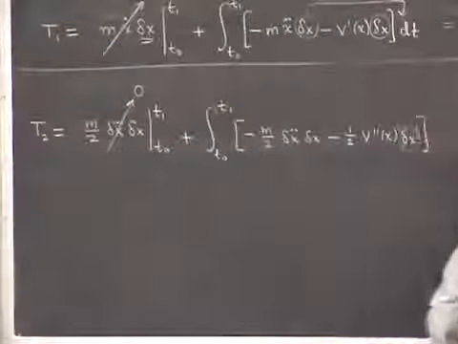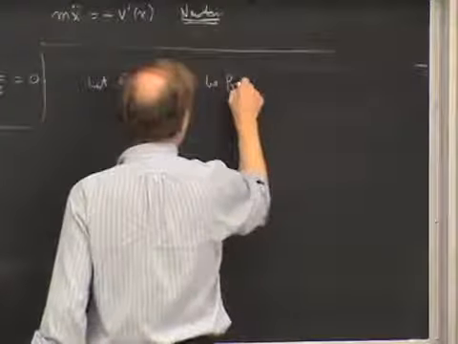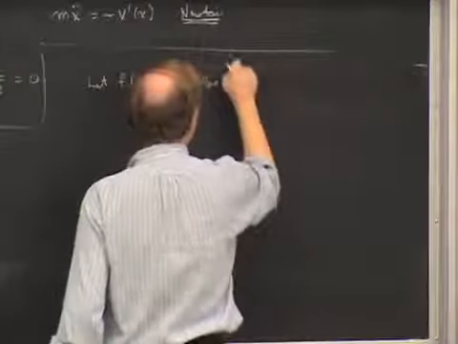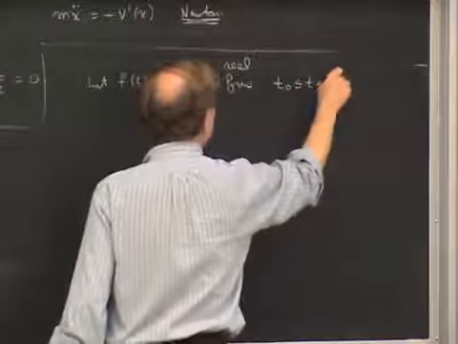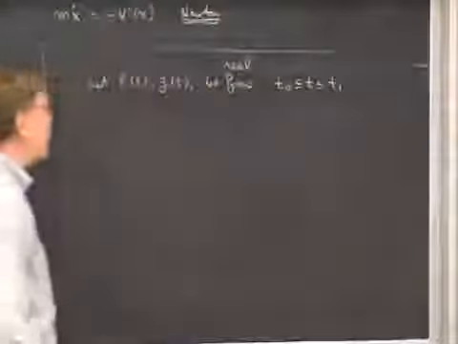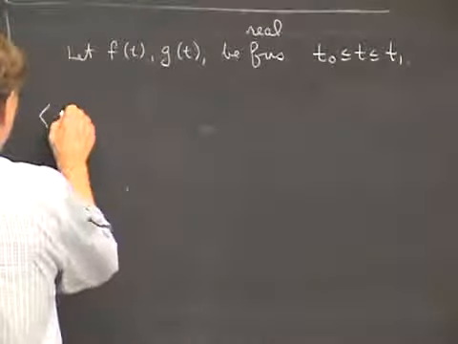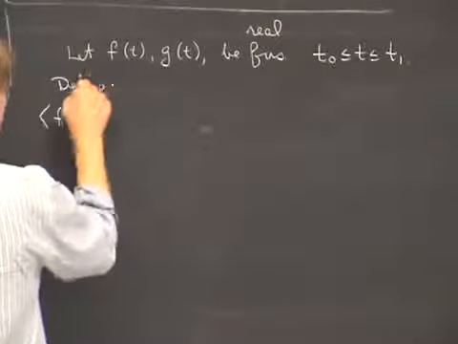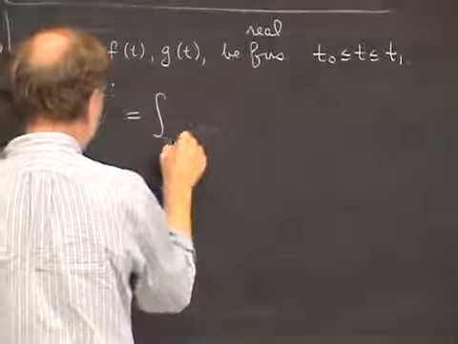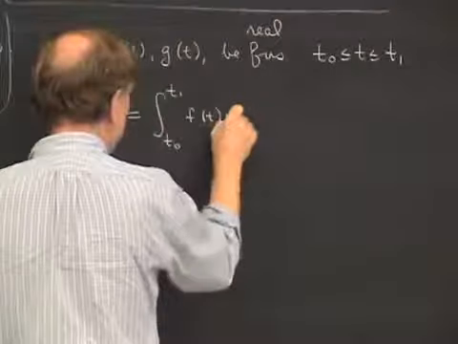Now, here's some convenient notation. Let f(t), g(t), etc. be just ordinary functions. In fact, let's make them real functions, defined on the interval t0 less than or equal to t less than or equal to t1. It's the time interval of this classical problem. And let's define a scalar product, for which I'll use Dirac notation, of these functions, to be equal to the integral from t0 to t1 of f(t) times g(t) dt.